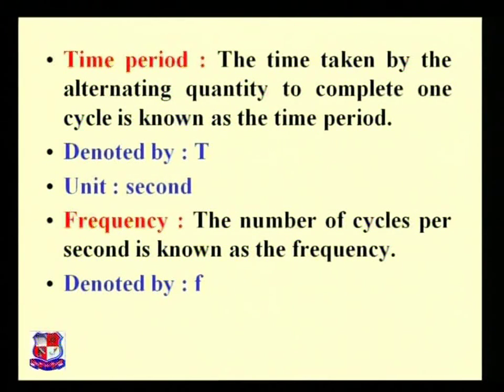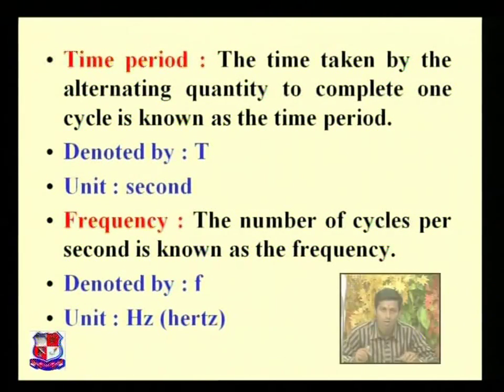If 50 cycles pass in 1 second, then frequency is 50, and the unit is hertz, so we can say it is 50 hertz. If someone says frequency is 25 hertz, then in 1 second only 25 cycles are passing. So that is called frequency, number of cycles per second, and unit is hertz. It is denoted by small f.